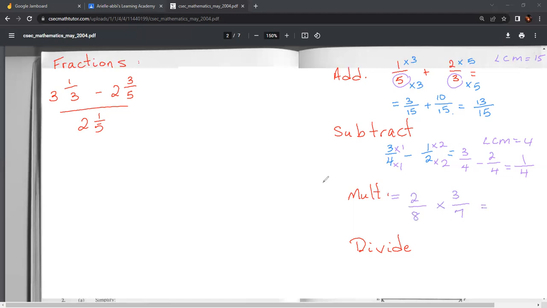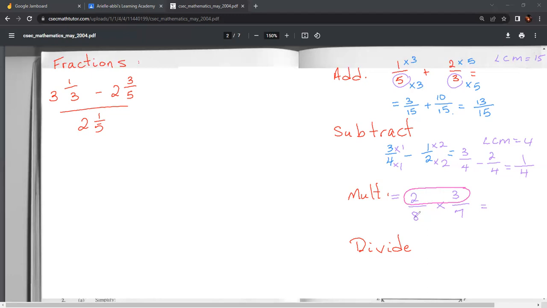For multiplying, what I like to do is encircle my numerators. It kind of forms a boundary in my mind. So I know that I am going to use my numerators and check in my denominators to see if any of these numbers share a common times table with them.